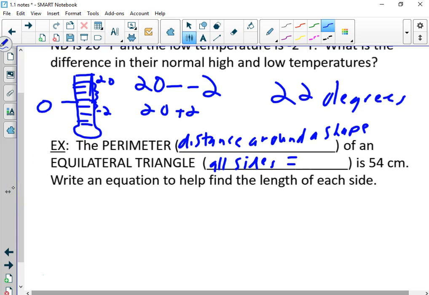Write an equation to help find the length of each side. Okay, there's 2 ways to do this. How many sides are in a triangle? 3. And they are all equal. And they add up to 54.